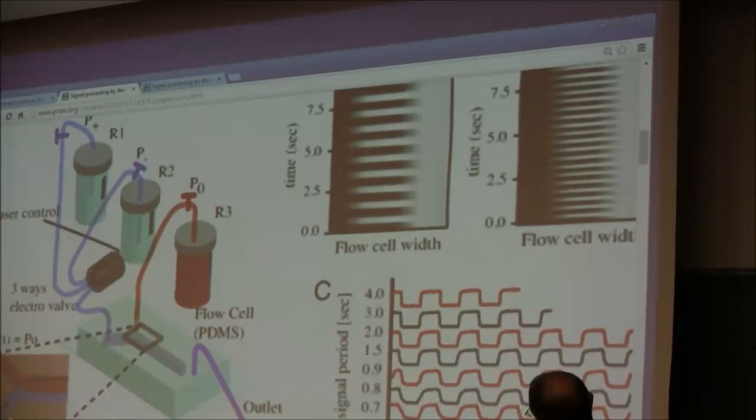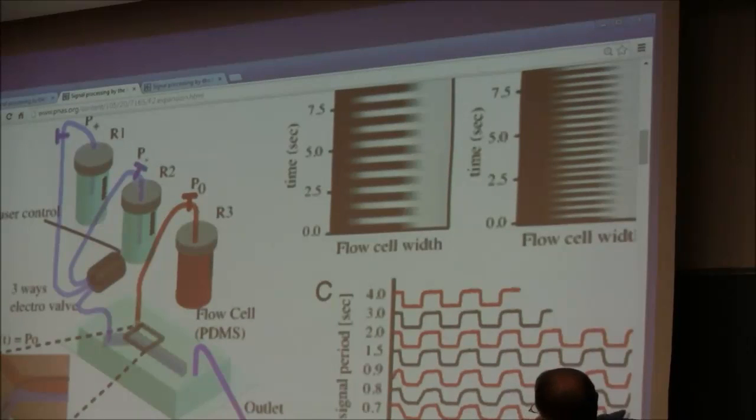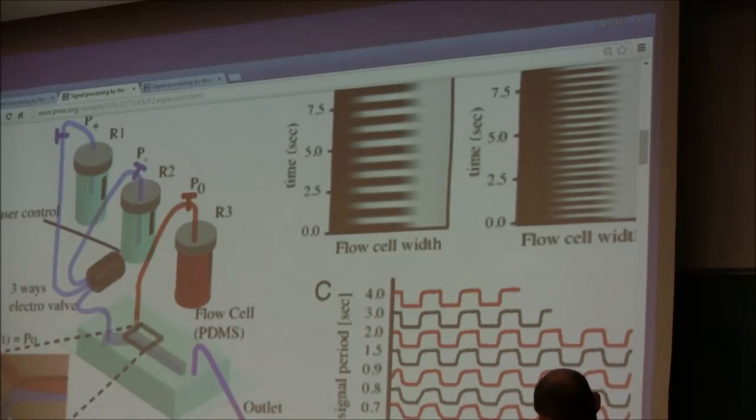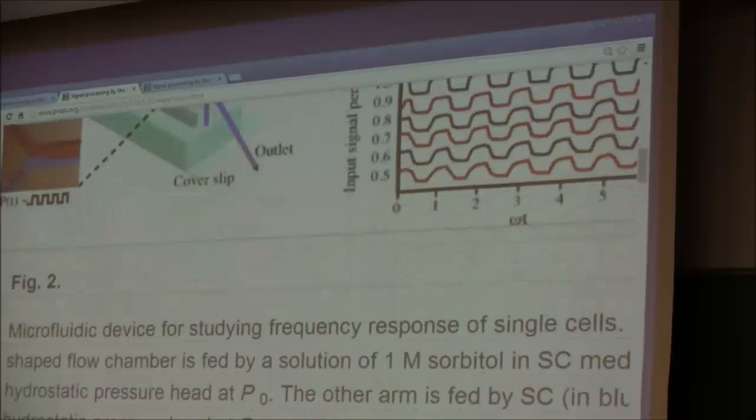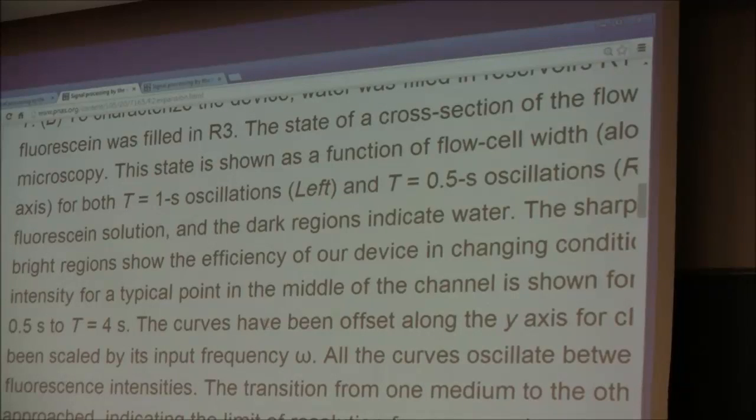And then this is different periods, and let's see what they're. So we'll look at the last panel.